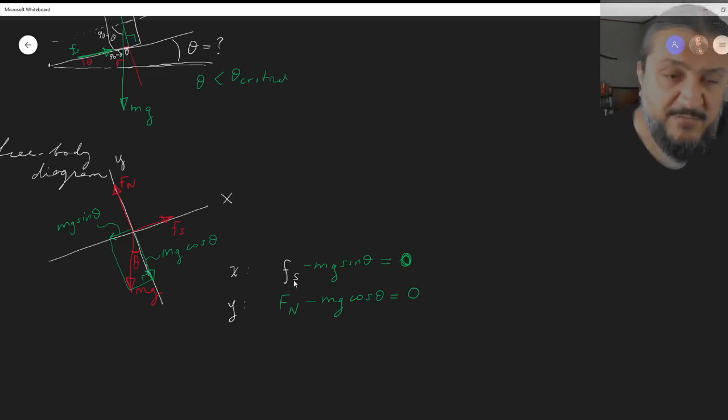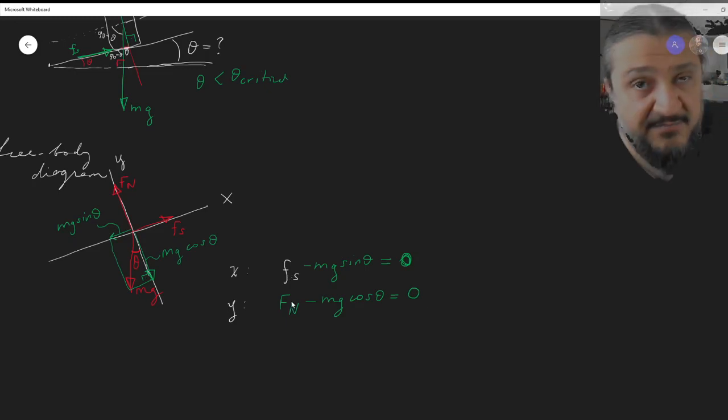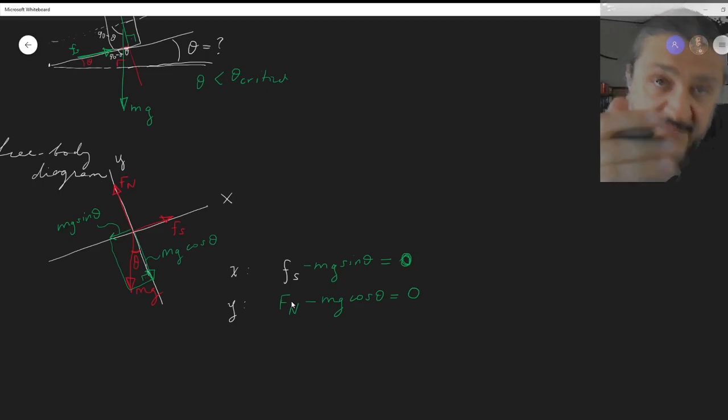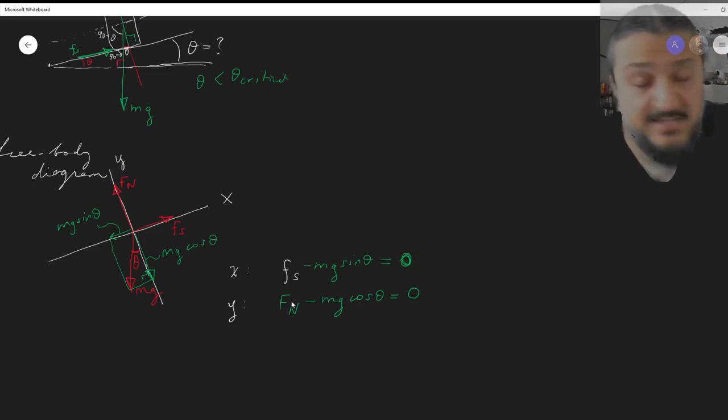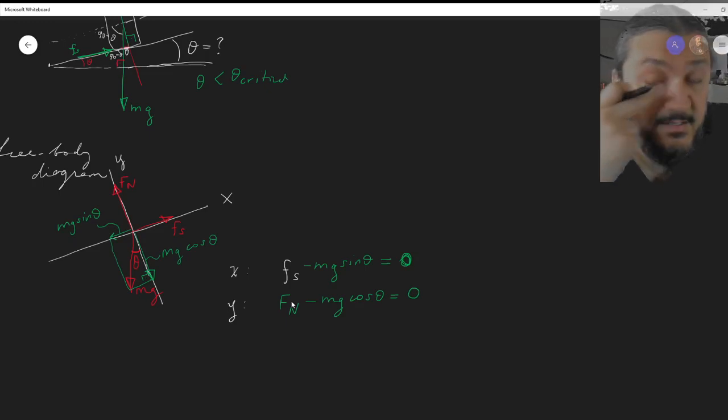Now, you've got to be careful here. Fs is not equal to mu s times Fn in general. Fs is simply equal to mg times sine theta. It depends on what theta is. If theta is less than that critical value, Fs can be anything. It has nothing to do with the normal force.